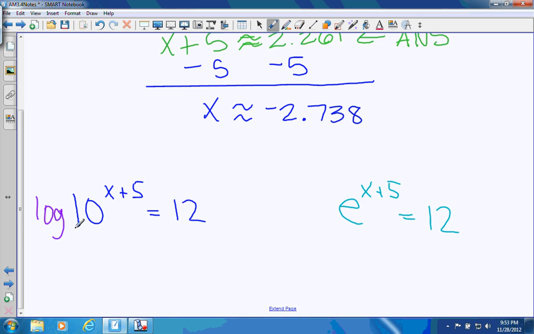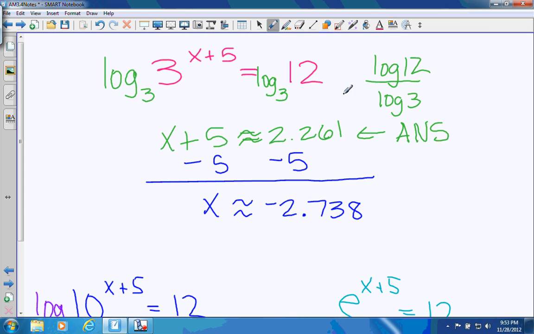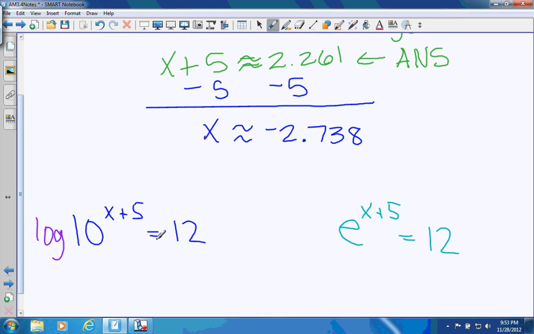And we do not have to write the 10 down here because we have a button on our calculator that will do this for us. And we do not need to use our change of base theorem. So we would just write log of 12 over here on this side, punch that into our calculator, and get x plus 5 equals, and this again would be approximately equal to, and it's 1.079.